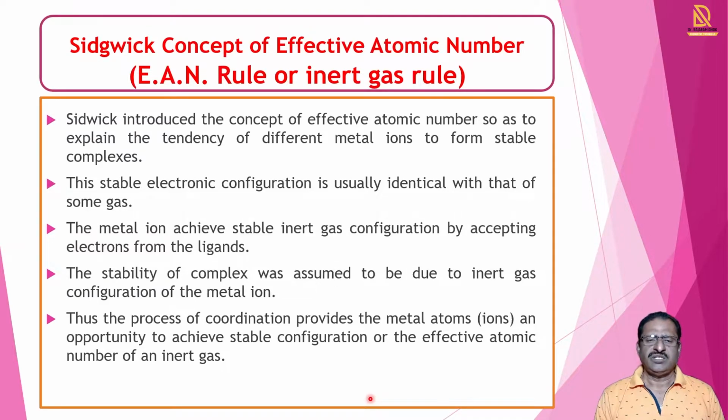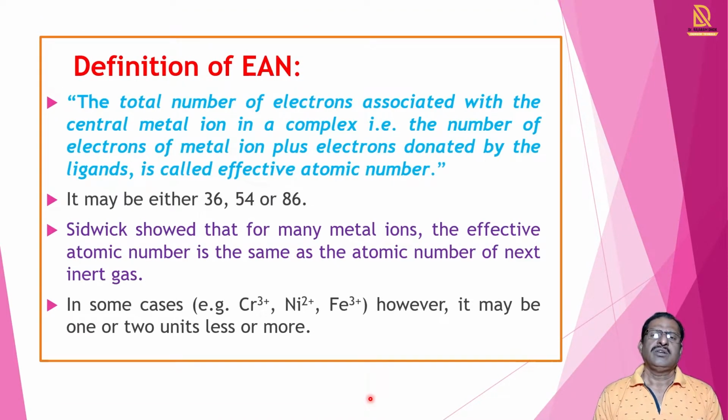Sidgwick explained this in the form of his postulates, and he explained what EAN is. Sidgwick gave the definition: the total number of electrons associated with the central metal ion in a complex, that is, the number of electrons of the metal ion plus electrons donated by the ligand, is called the effective atomic number.